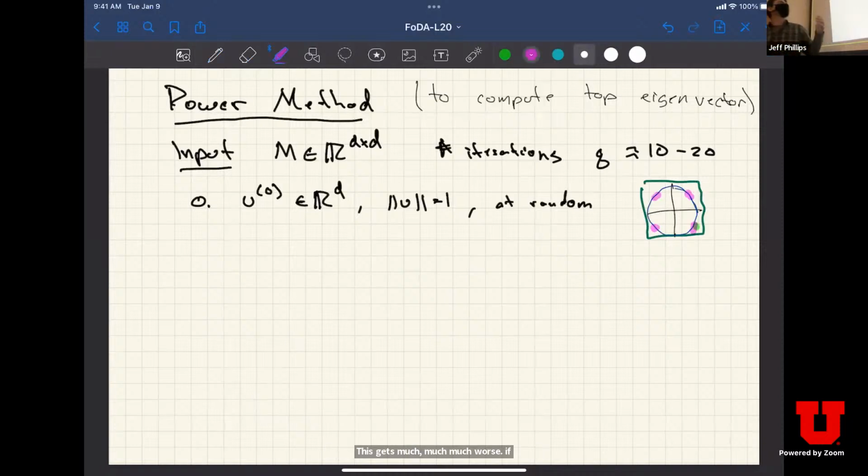If you go up to like 12 dimensions, something like 90% or 99% of the mass is outside of the unit ball, inside the unit cube. Some really weird stuff happens. So that doesn't work so well.